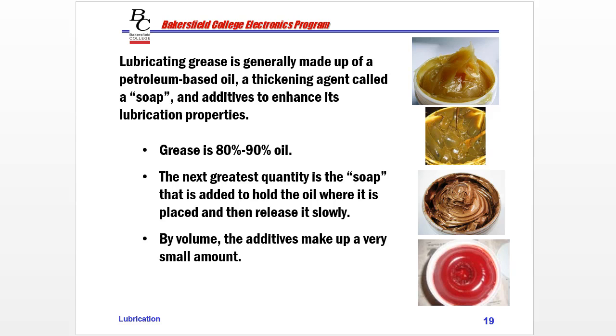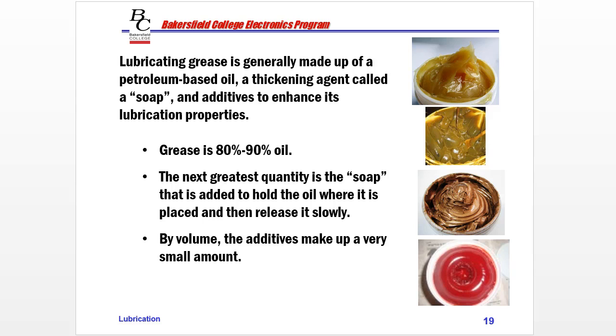So the soap's added to hold the oil where it is placed inside a bearing, on a metal surface, and then releases the oil slowly. So it's thick oil. By volume, additives are next, and they make up a very small amount.